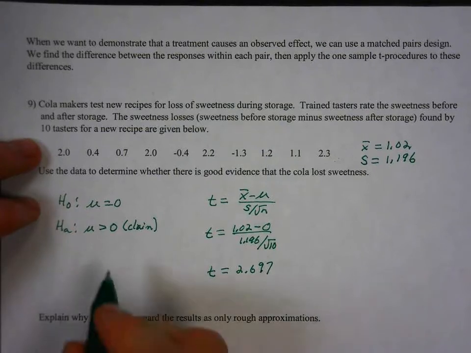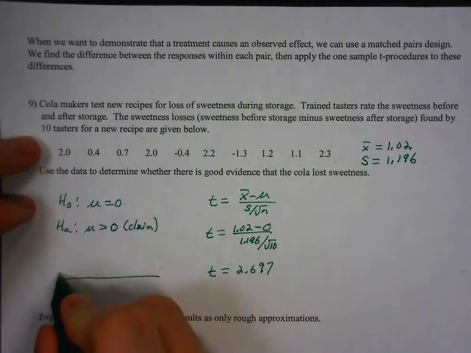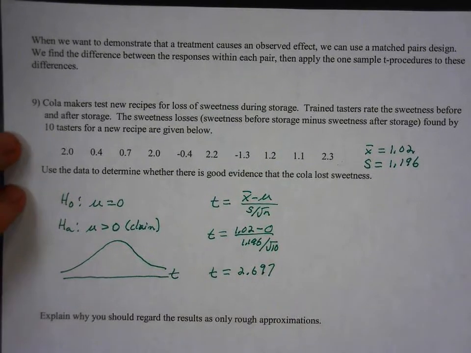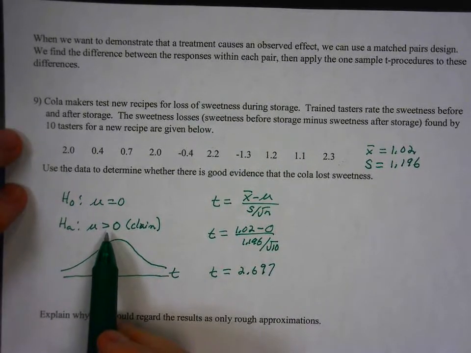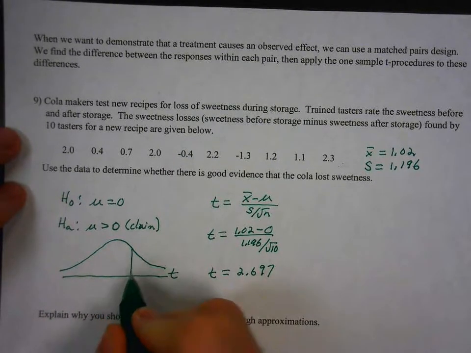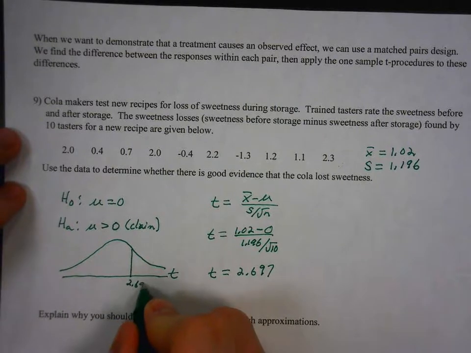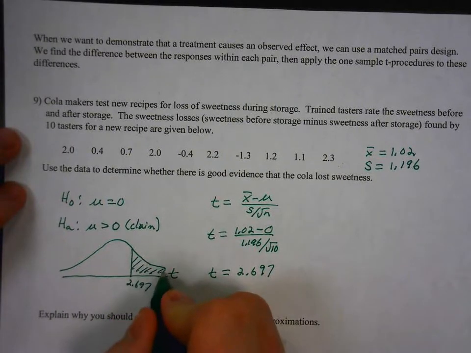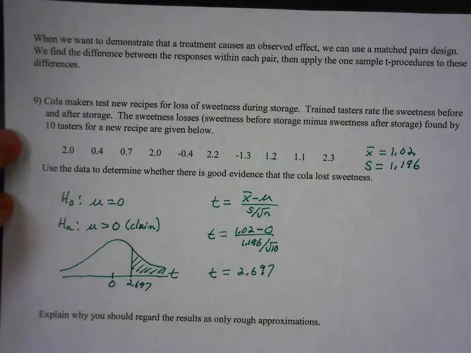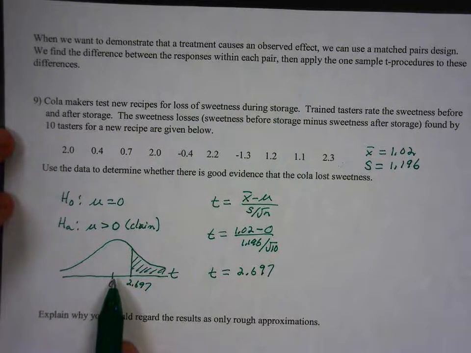So when you look at that on the graph of the t distribution, mu being greater than 0 meant we're shading to the right. So if we look at 2.697, what we have to determine when we make our decision is whether 2.697 is too far away from the center of 0.